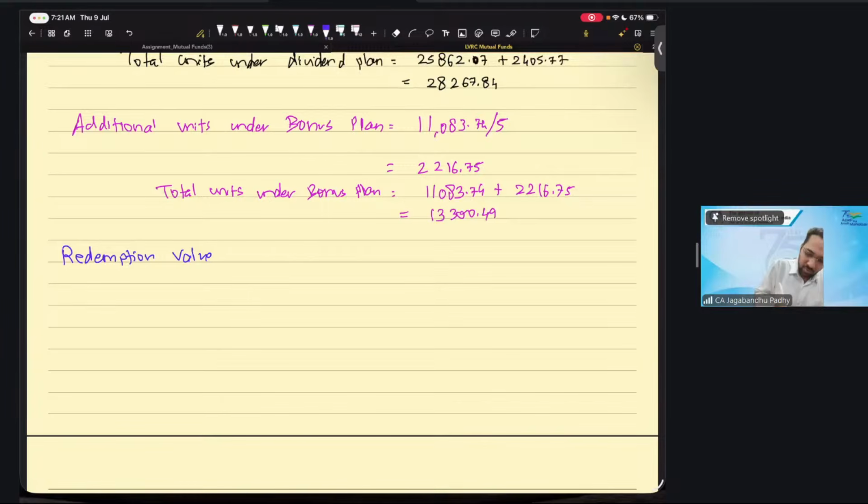So we are going to compute the redemption value of each unit under the dividend plan.